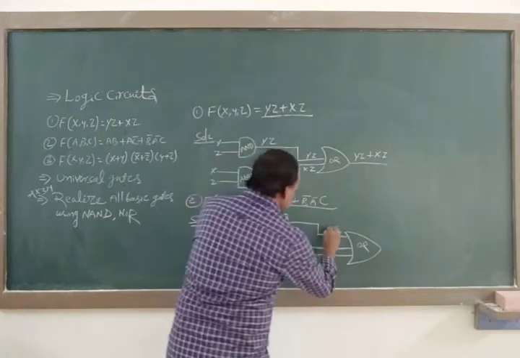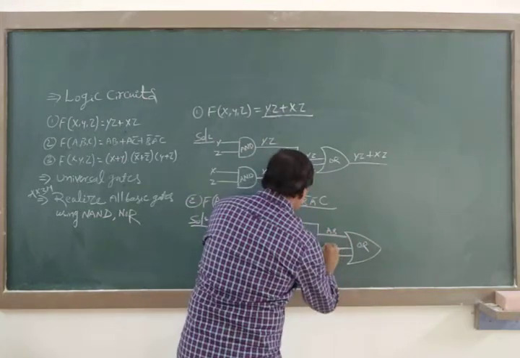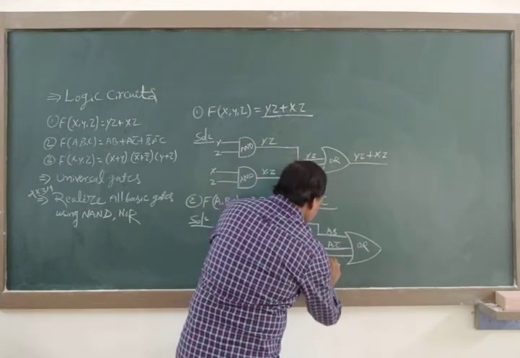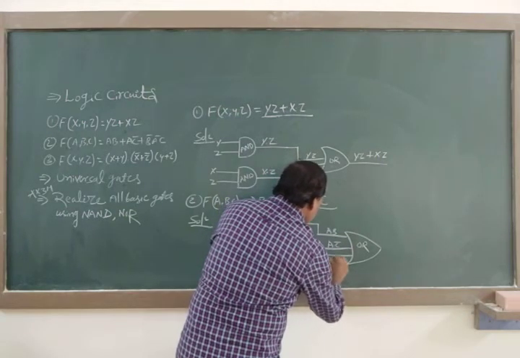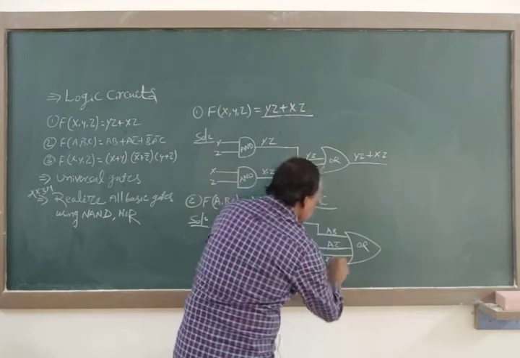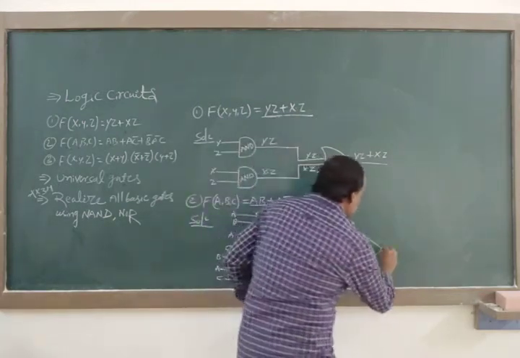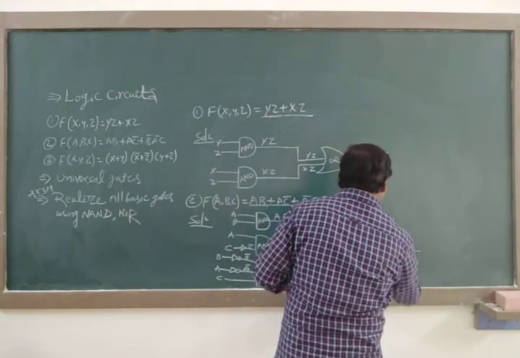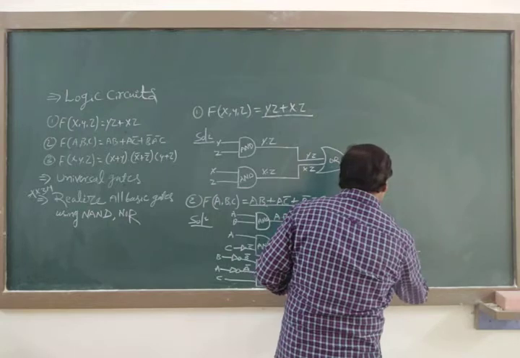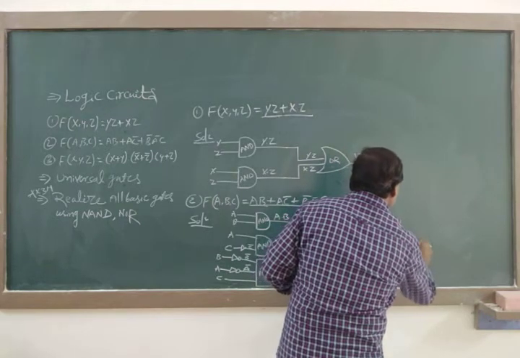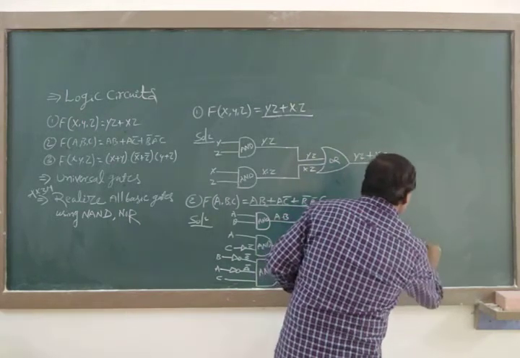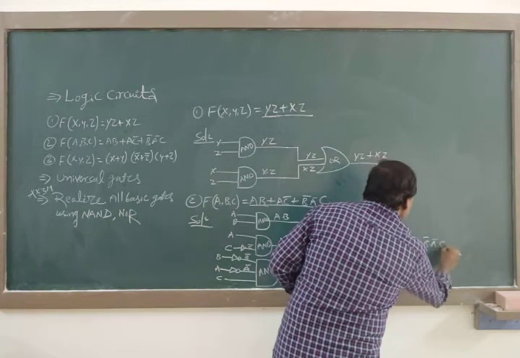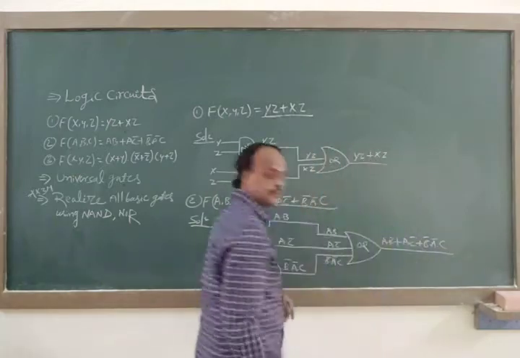So here what is passing? A into B, here A into C bar, here B bar into A bar into C is passing. Finally we are going to get the resultant function, that is A into B plus A into C bar plus B bar into A bar into C as result, right?